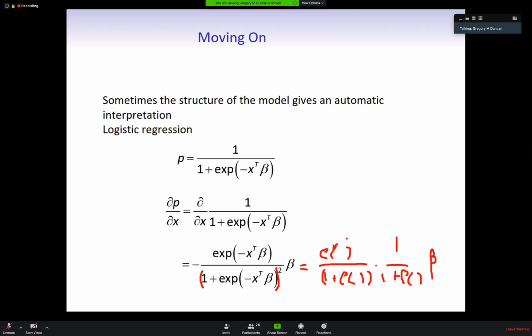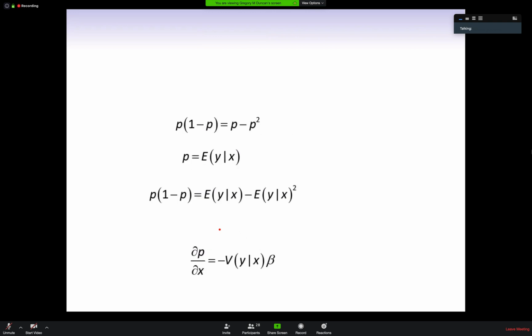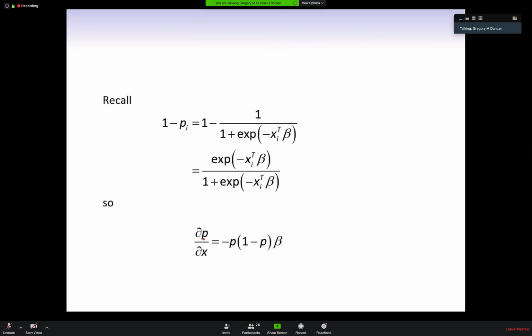Now let's go over here. What this points out is that dp dx is p times 1 minus p times beta. Any of you recognize what p times 1 minus p is? Well, we're going to talk about it. It turns out that it's the variance of y.